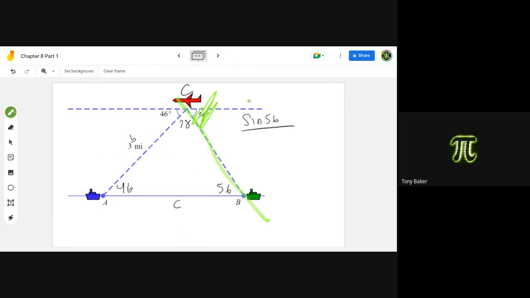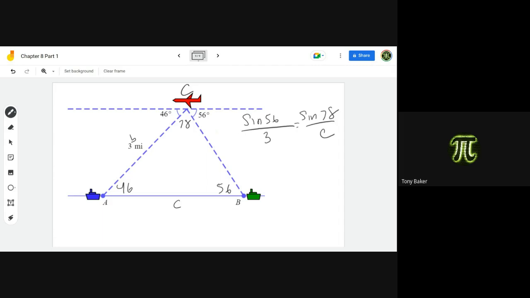That's your transversal, and those are your angles. So that's why the 46 and the 46 go there. Then do the exact same thing for the other side. Ignore the other side, and you have your transversal. So we've got sine of 56 over 3, sine of 78 over c.